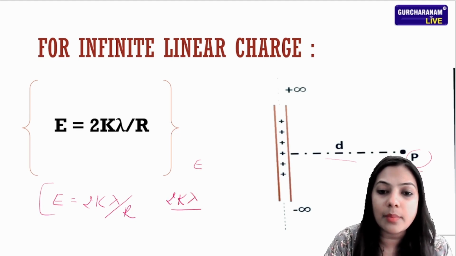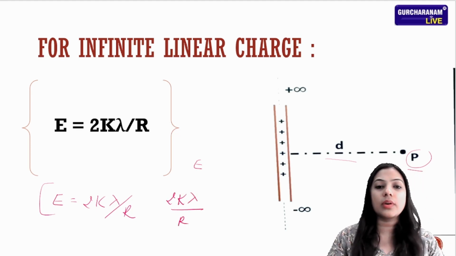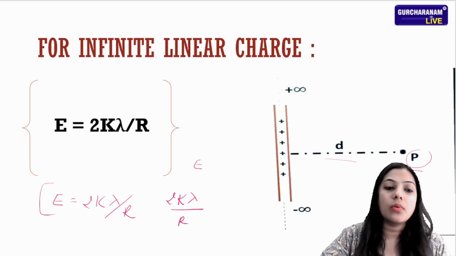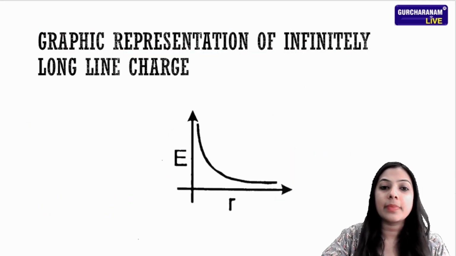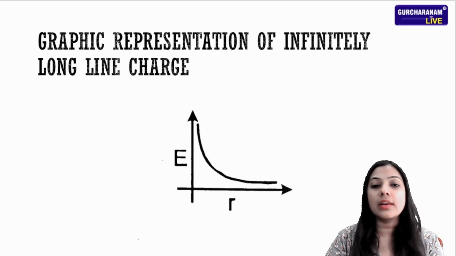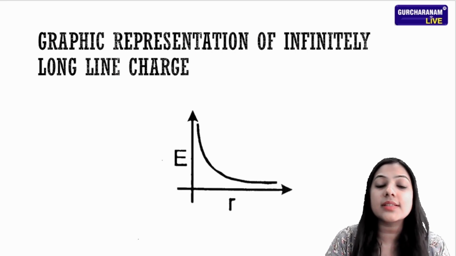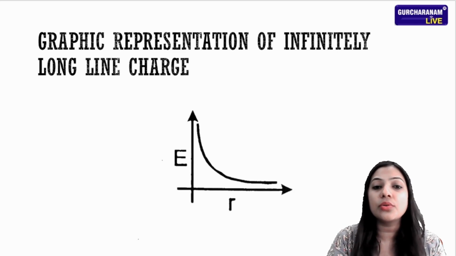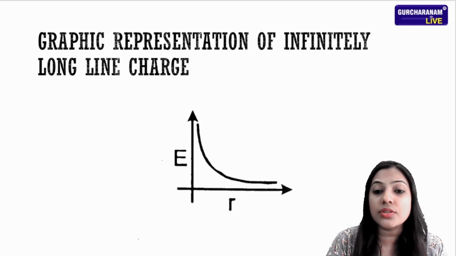2k lambda upon r. Okay, now the graphical representation of an infinitely long line charge. This is the graphical representation due to the infinite long line charge.